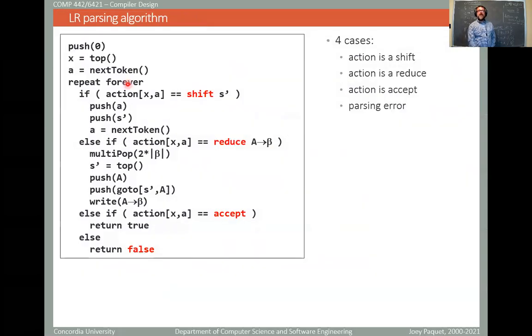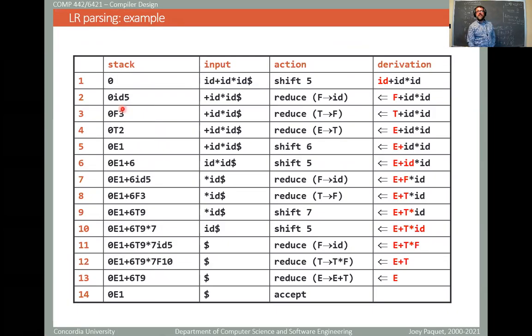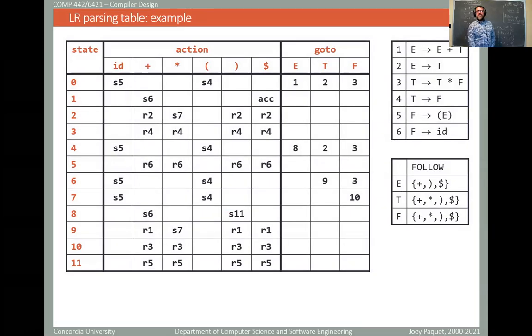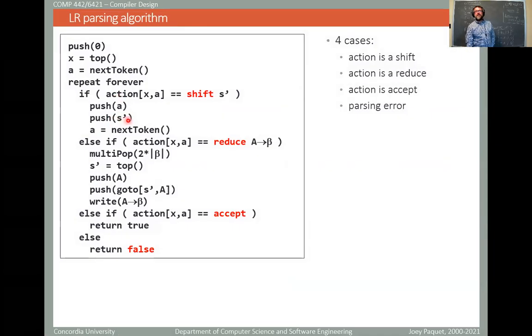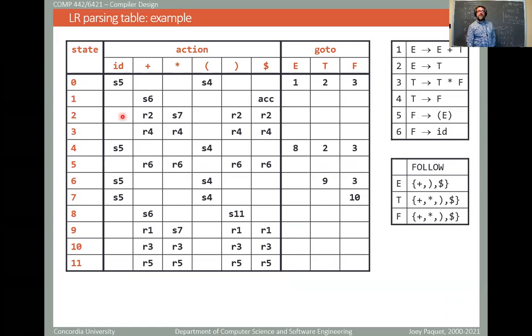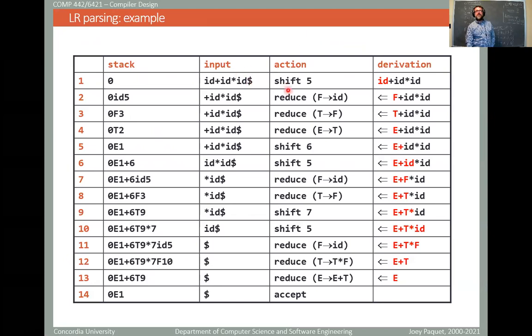Shift 5 means you push the token that I had in input, which was ID, on top of the stack. Then I take the S prime, which is a state number, and push it onto the stack. I take the 5, because I had shift 5 from the action table, and I push 5 here. So now I have 0 ID 5, and then I consume this token, so now I'm at plus.